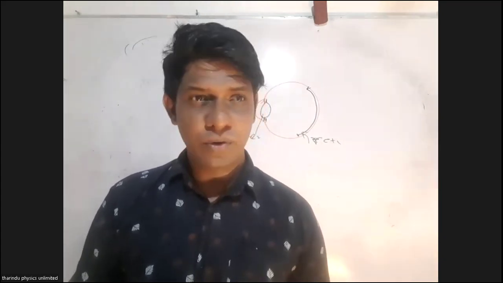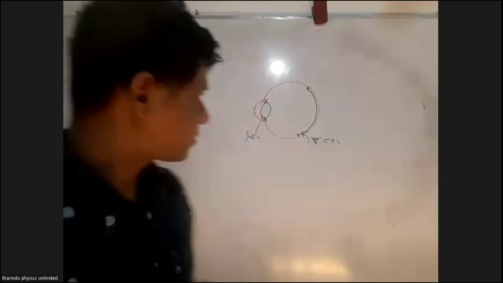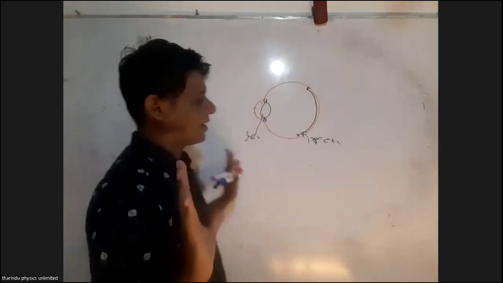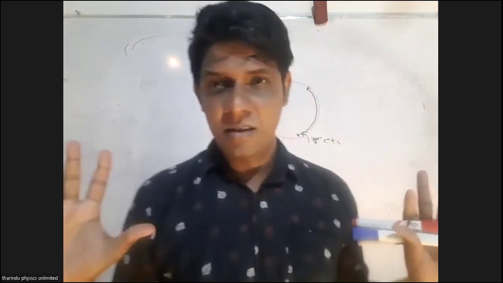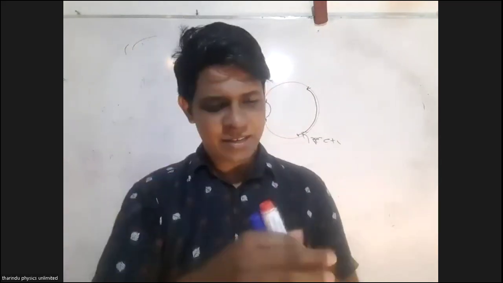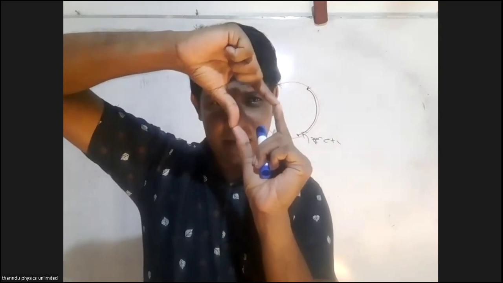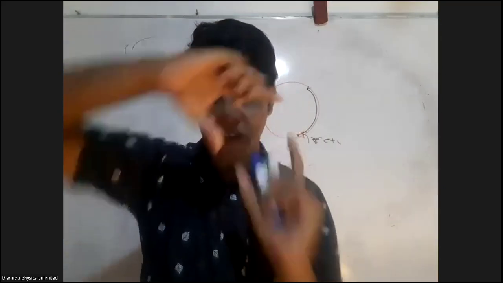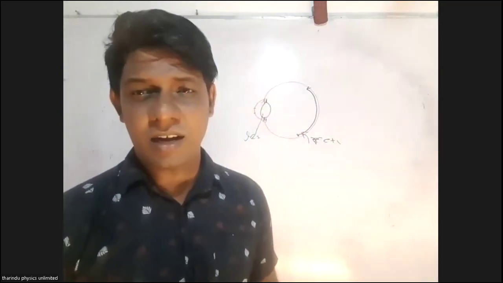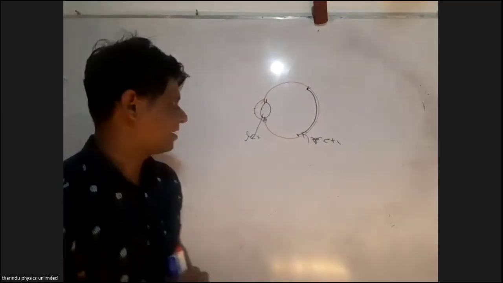The other thing we want to know is that the eye lens is not a fixed one like normal lenses. The lens can be inflated, like it can become a thick one or a thin one by adjusting the opening, which is the eye pupil.